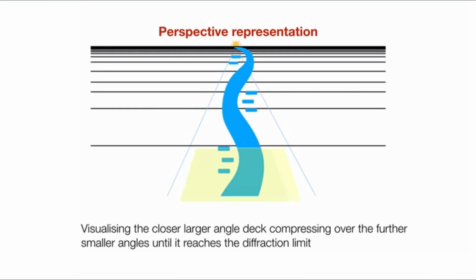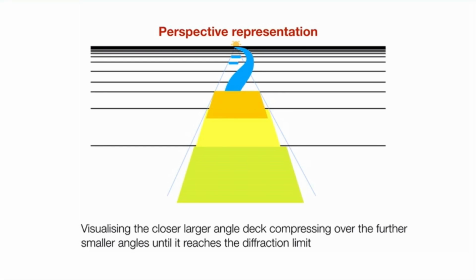Let's visualize the close, large-angle deck compressing over the further, smaller angle until it reaches the diffraction limit. Here we're going to show, as just a visualization, how the larger angles get smaller with distance as they compress and go to the convergence line. As you can see, I've colored them green, yellow, orange, red and purple.